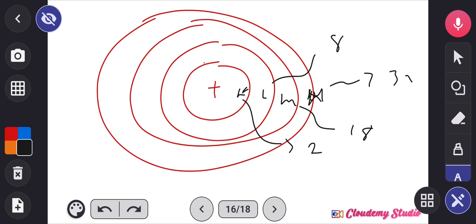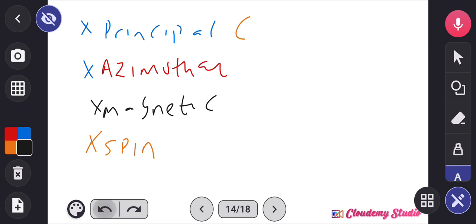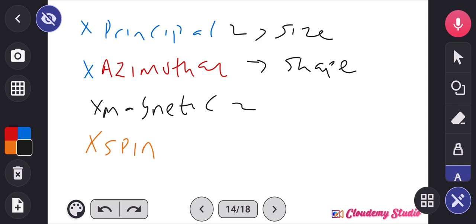And the azimuthal quantum number, where do I write it? So I said the principal quantum number determines the what? It determines the size. So I'll be writing what they determine in front of them. The azimuthal quantum number describes the shape of an orbital. What does the magnetic quantum number describe?